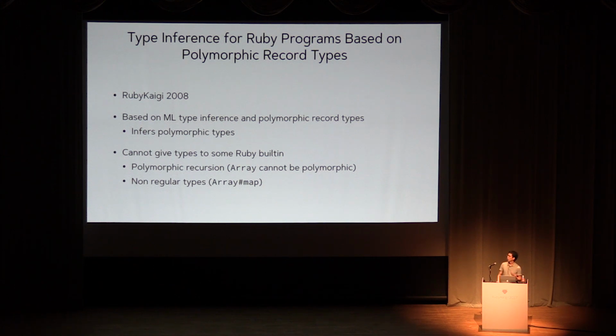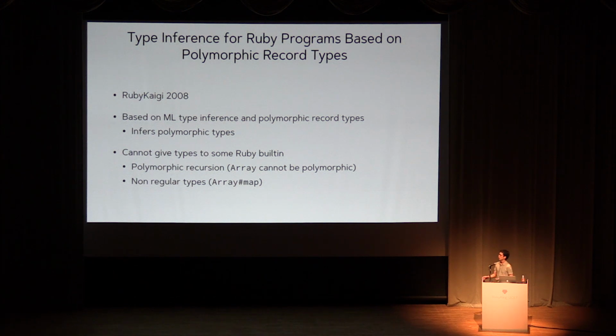So array will be monomorphic, and we cannot put both integer and string into arrays. It means if we have two different array objects and we put an integer into one and a string into the other, then the integer and string types are unified. So this is a really big issue.